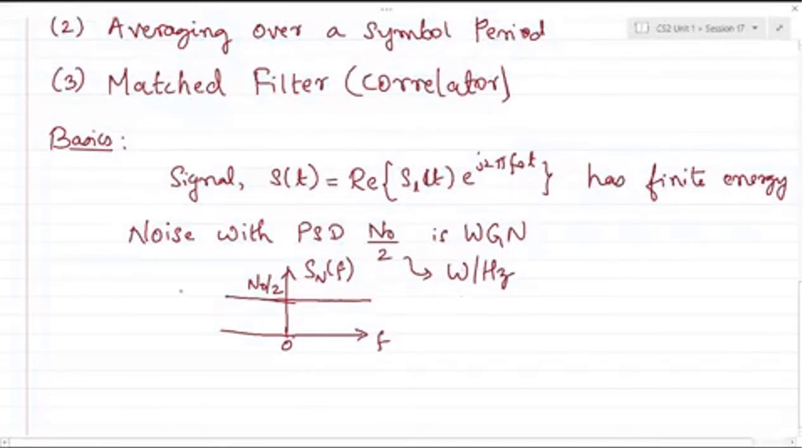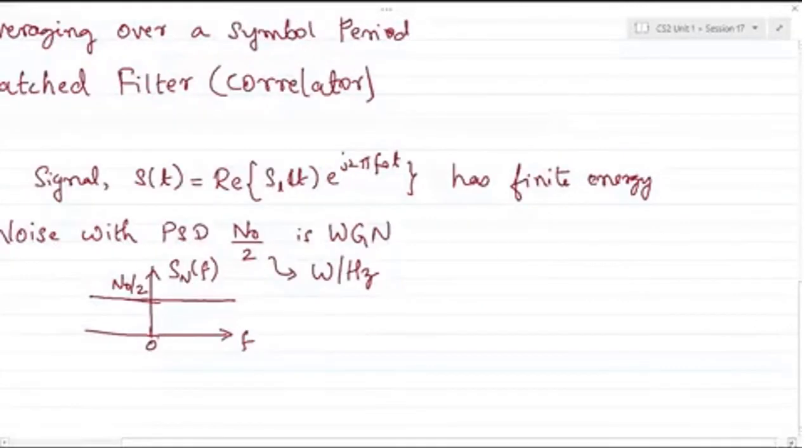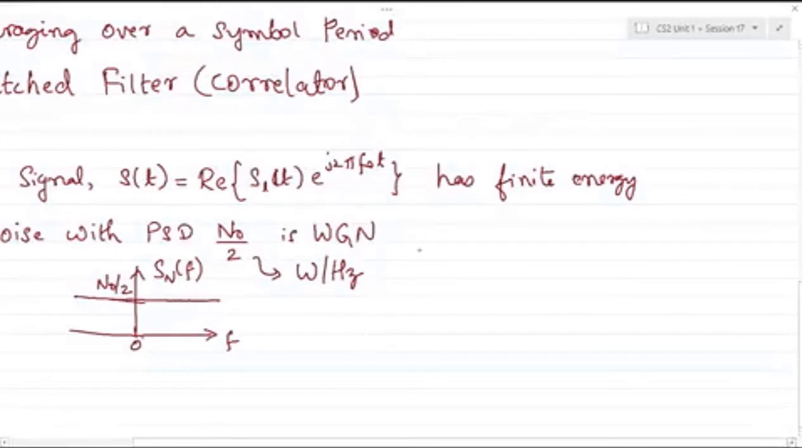It is white because it's flat over all frequencies, and it is Gaussian because the variance is N0 by 2 and it affects the instantaneous signal in a Gaussian way. We will analyze that later. What you should know is that it has infinite bandwidth, spreading from minus infinity to plus infinity in the channel.